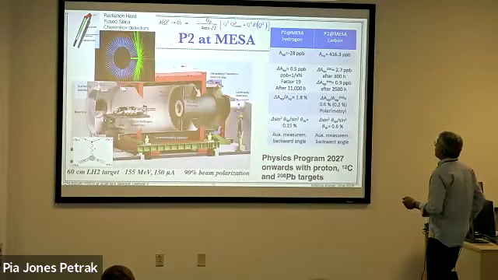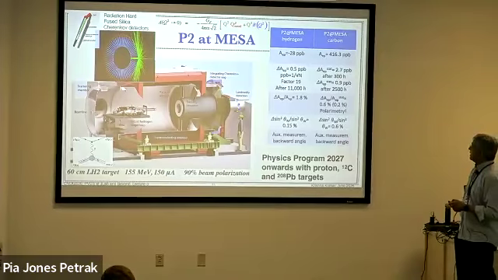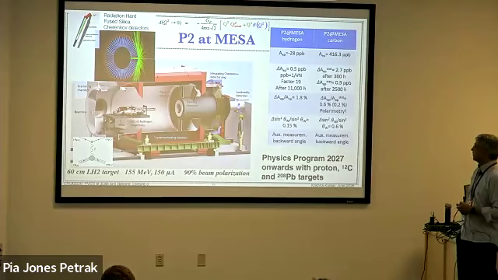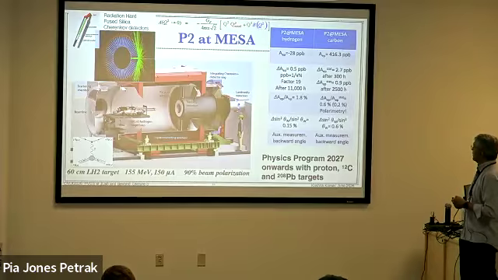Okay, now P2 at MESA at Mainz in Germany is going to try and improve on Qweak at JLab by a factor of 3. So that's also a big challenge, a big experiment like MOLLER, 28 parts per billion, and they're trying to measure that to 1.8% and get the weak mixing angle to 0.15%.